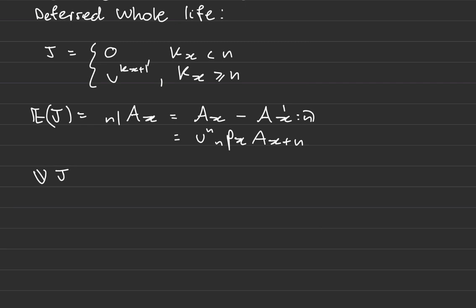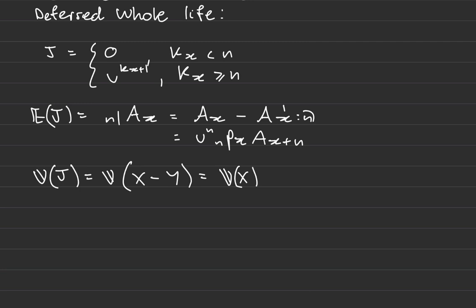So the variance of J is going to be equal to the variance of, I'm going to say, X minus Y. So X would represent the random variable for the present value of a whole life assurance aged x, and Y would be the present value random variable of a term assurance for n years for a life now aged x.